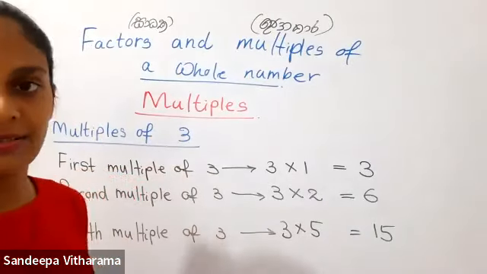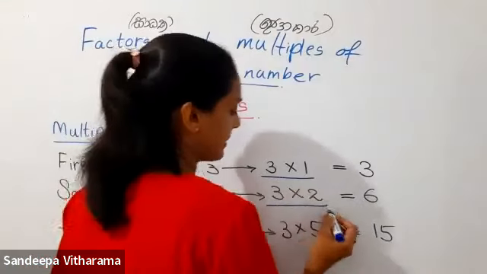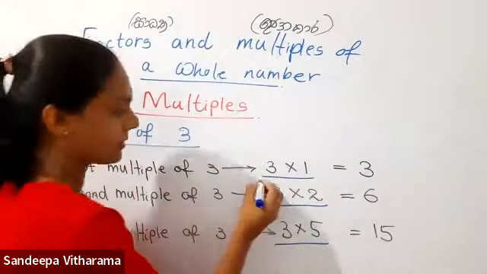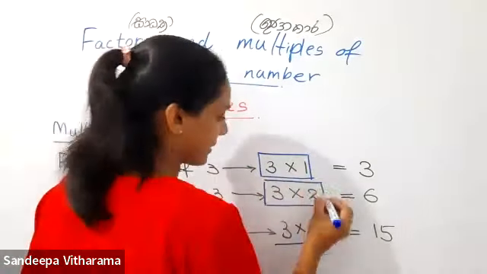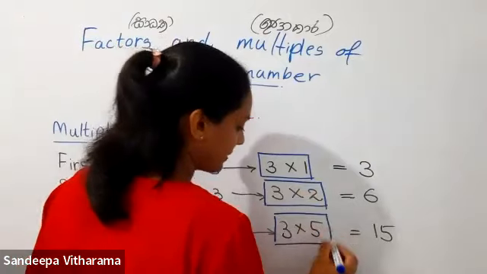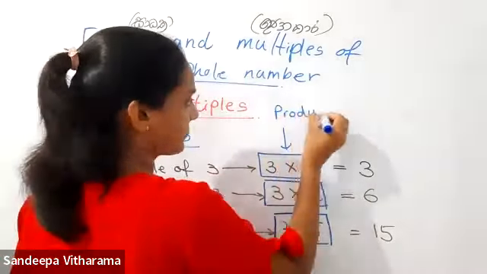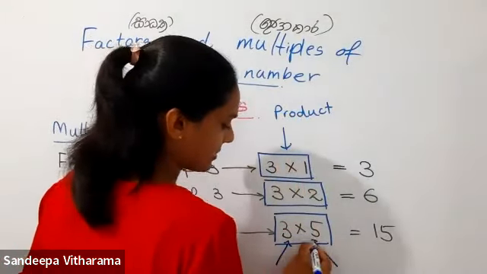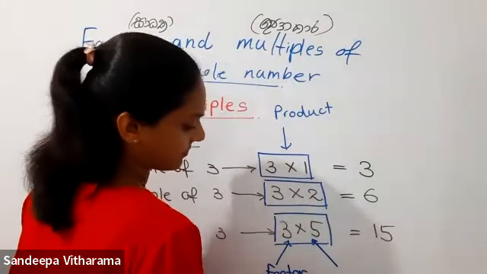Okay. Then how do we identify factors and multiples here using the factory produced muffin? Look here. This is a multiplication, no? This one we call the product. These two numbers are called the factors.